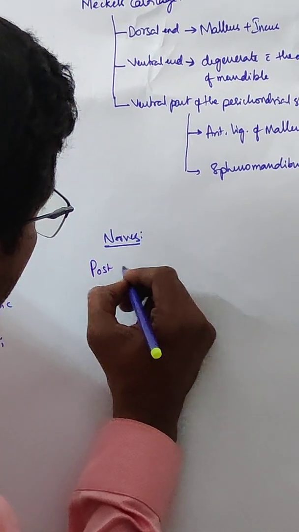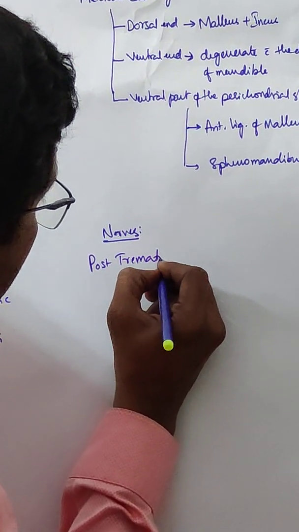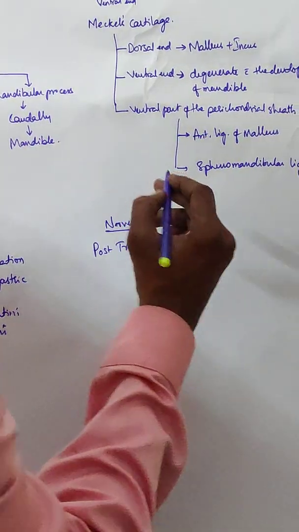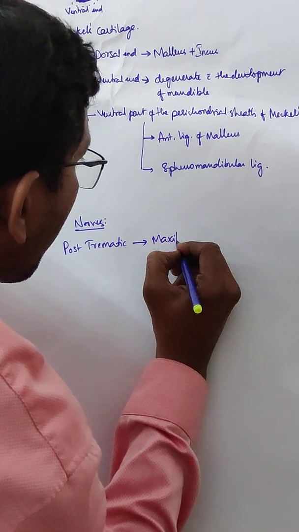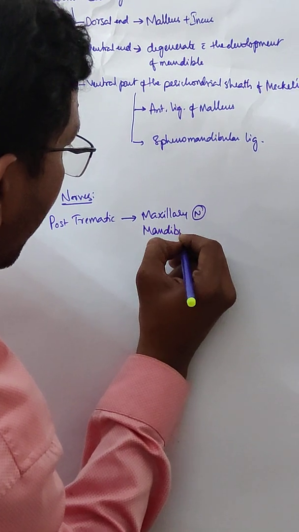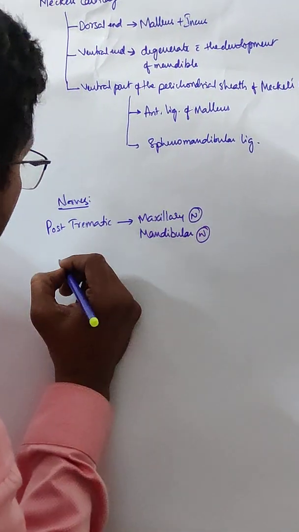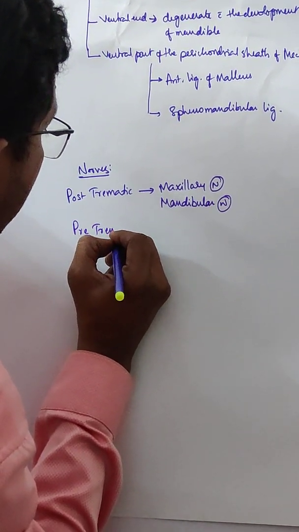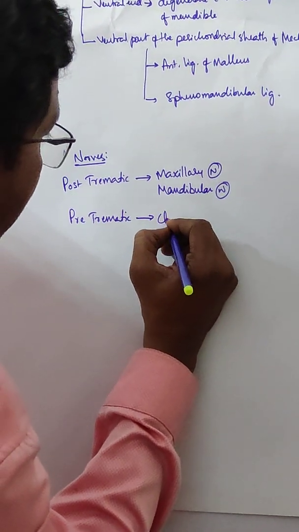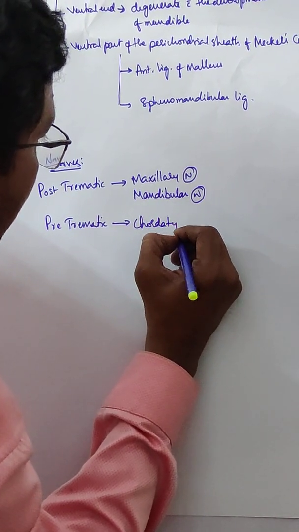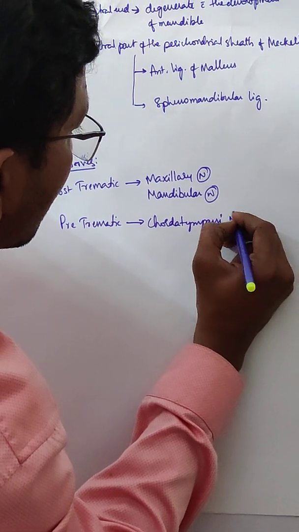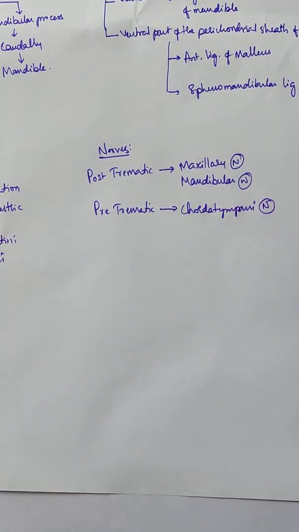Coming to the post-trematic branches, the post-trematic nerves are the maxillary nerve and the mandibular nerve, while the pre-trematic branch is the chorda tympani nerve, which comes from the second pharyngeal arch and goes to the first pharyngeal arch. Thank you.